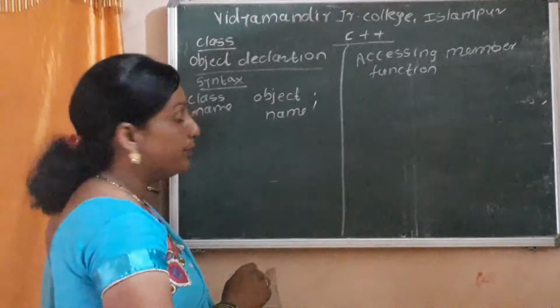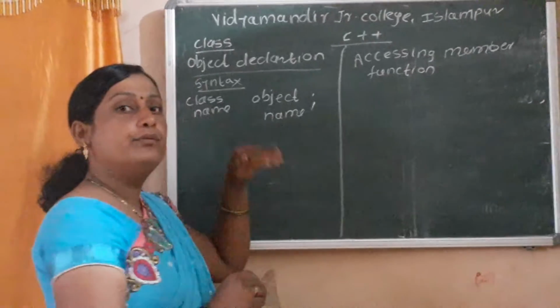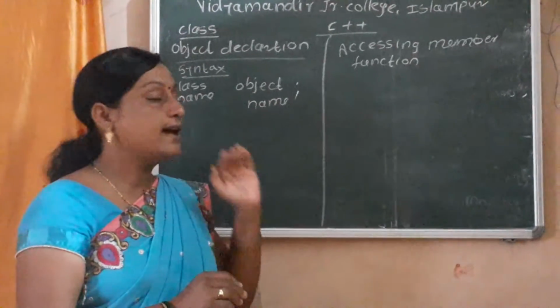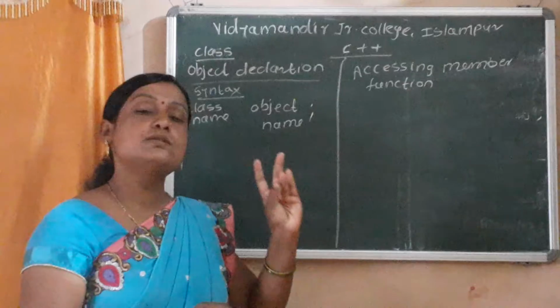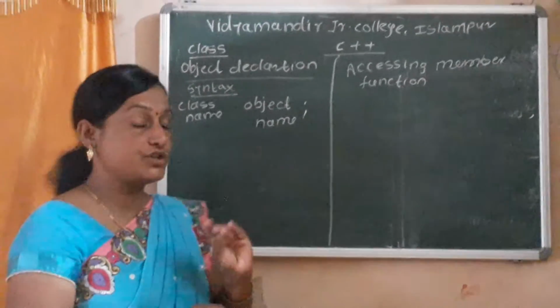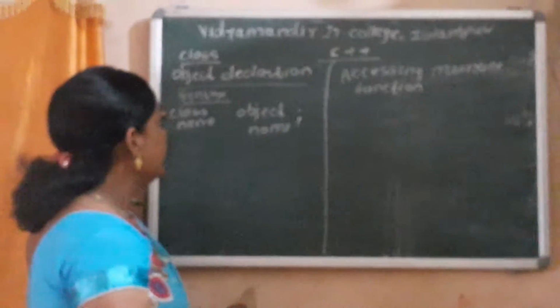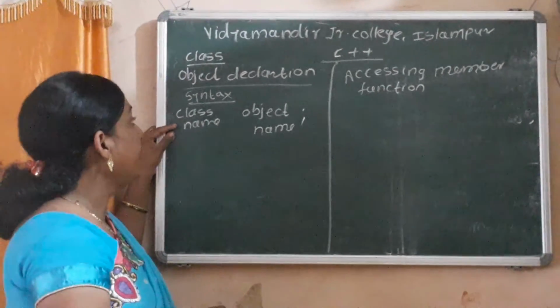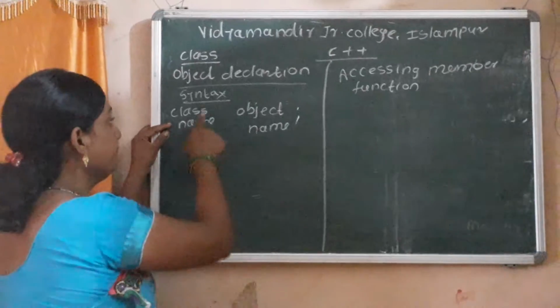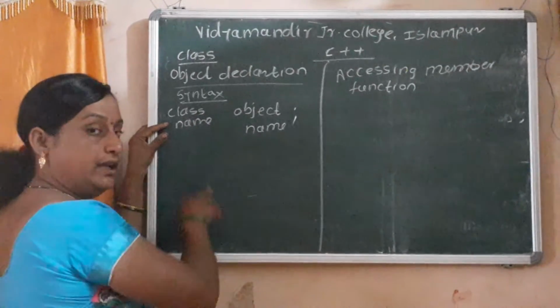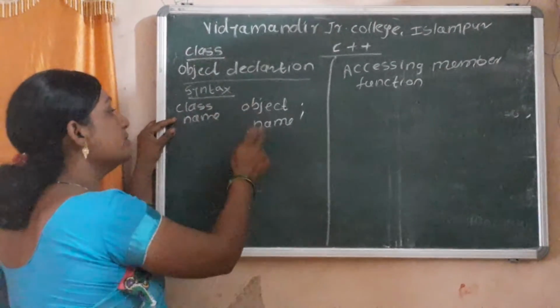Before this, we write a class declaration and outside or inside a function definition. After that, in the third part of the program, we write an object declaration. After void main, we give the class name and object name.